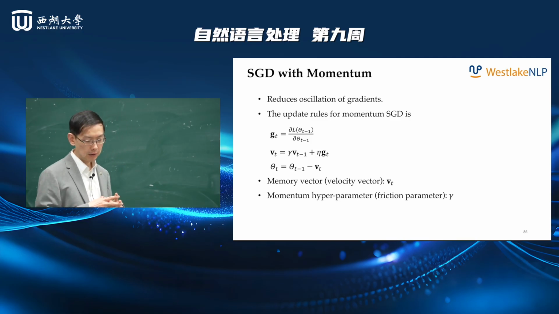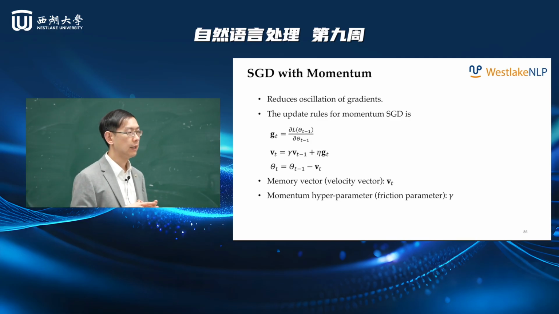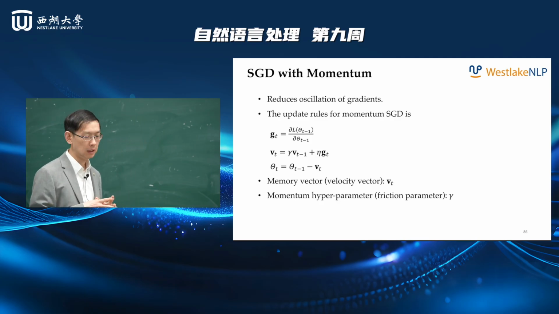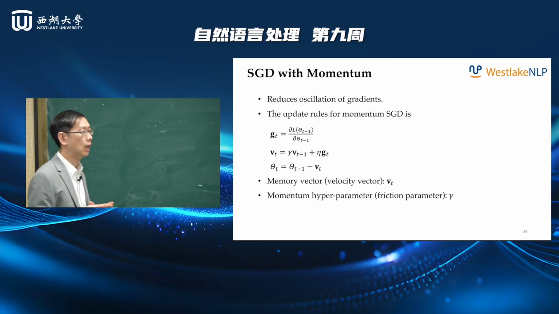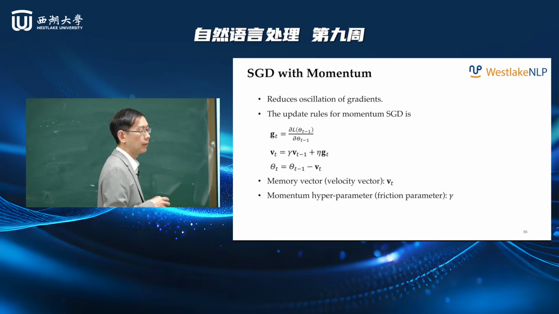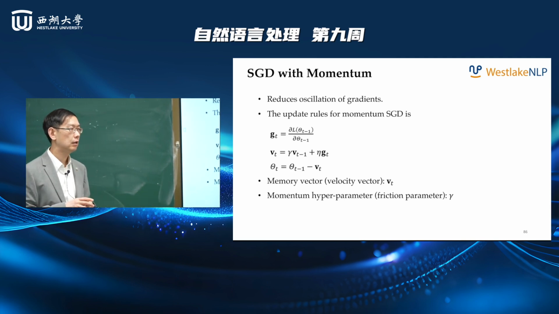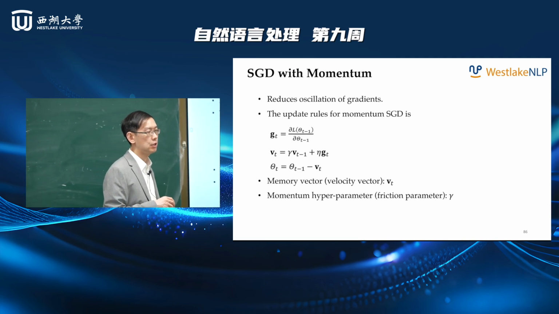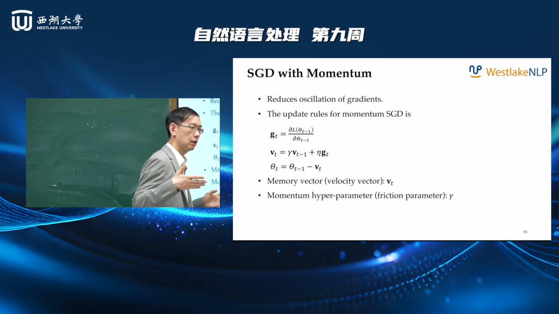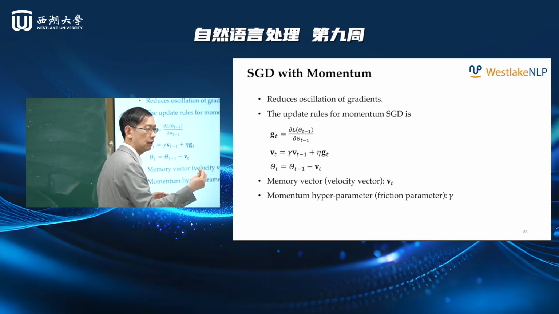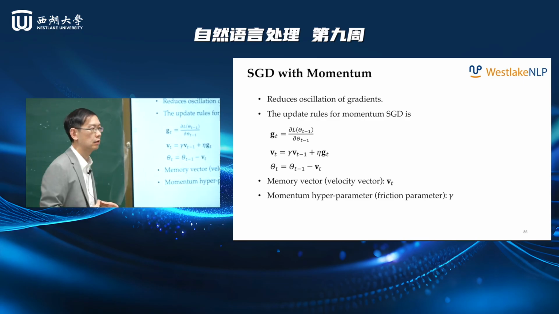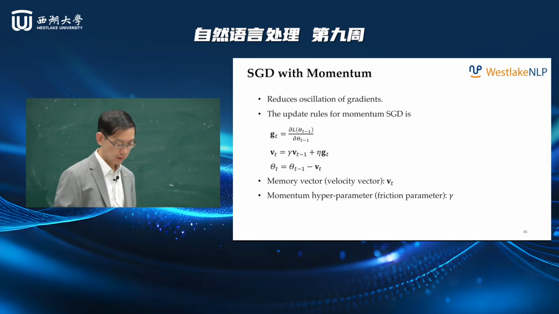And you use two hyperparameters, gamma and eta, to control the ratio between the previous velocity V and the current gradient G. When you update your model parameter, you use V rather than G, so that your previous velocity goes in one direction, and a change in the gradient at one time step doesn't change the trend. So this is called momentum.